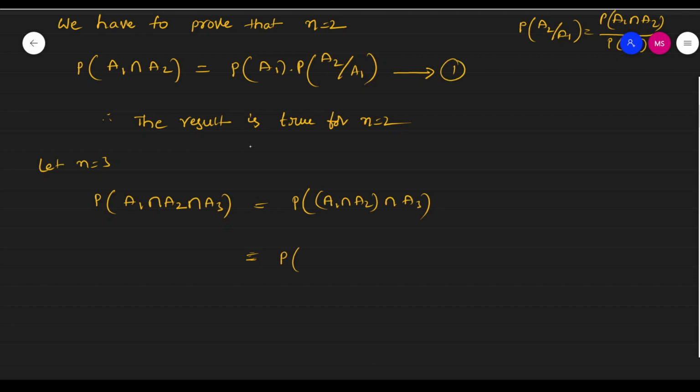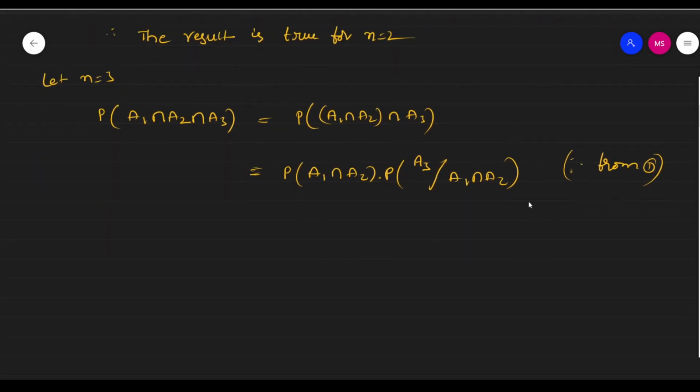P of A1 intersection A2 is P of A1 into P of A2 given A1. So it is P of A1 intersection A2 into P of A3 given A1 intersection A2, since from 1.